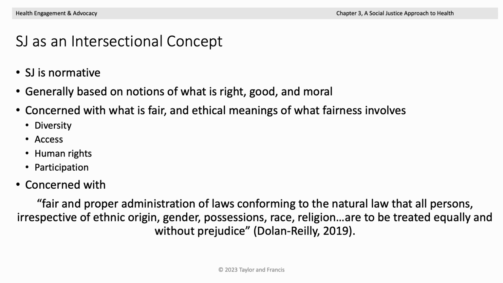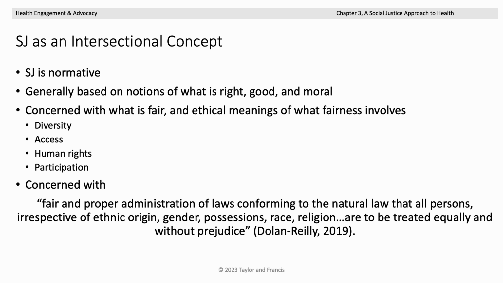Now we connect social justice explicitly to intersectionality. Social justice is what we call a normative concept. It's grounded in ideas about what is right, good, and moral, and it's concerned with fairness and what fairness actually requires in practice. It centers diversity, access, human rights, and participation.